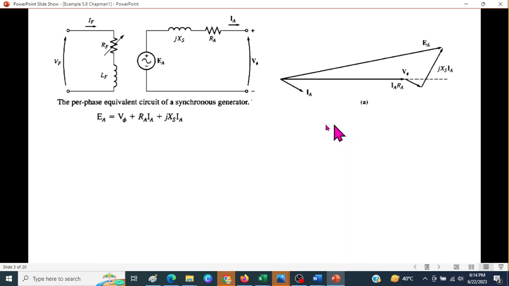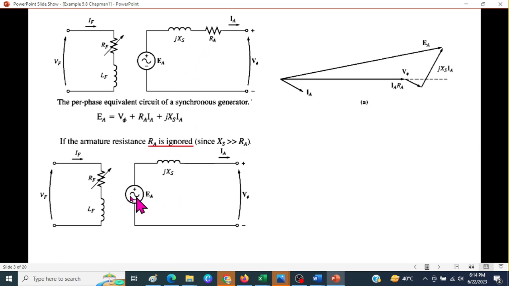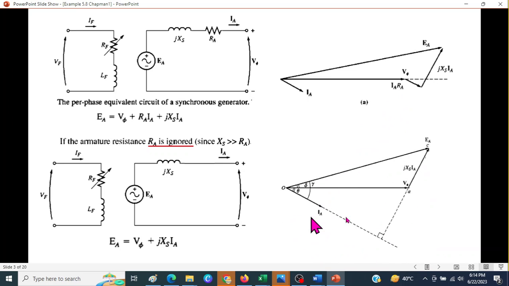Now, a simplified version is when we ignore RA, where RA is very small compared to XS. Then the simplified circuit will be this. The equation will also be simplified, and the phasor diagram will also be simplified. This term is eliminated from here. So we'll work with this phasor diagram.